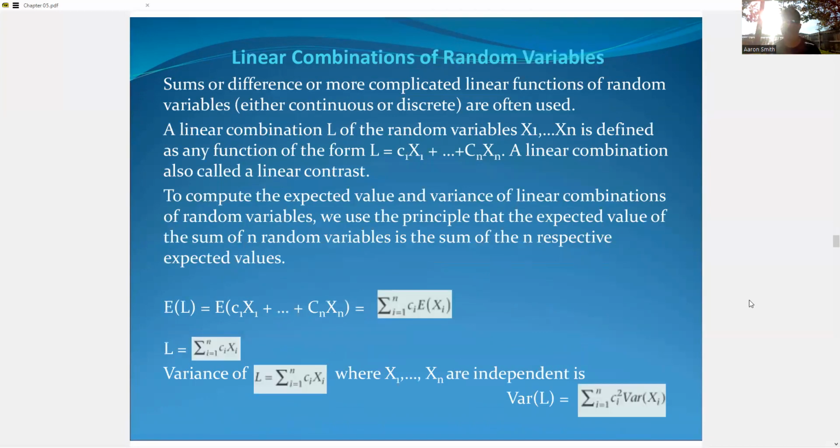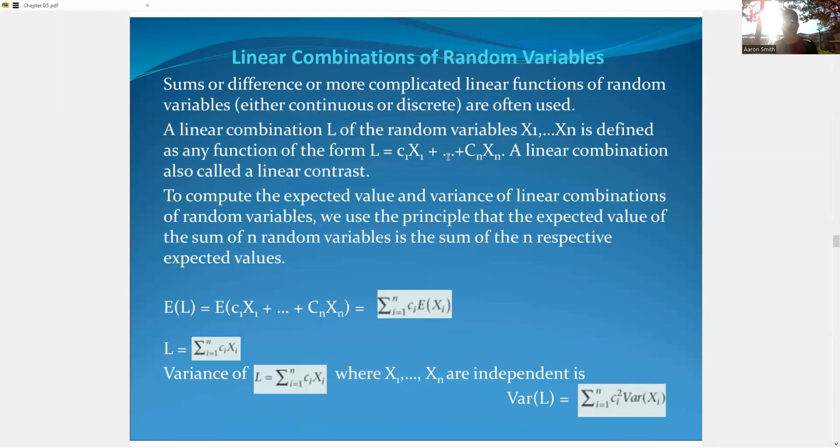All right, so linear combinations of random variables. If I can represent a variable as a sum and difference of other random variables, then I can usually use the normal distribution. So sums and differences are more complicated linear functions of random variables. Multiple random variables are being used, and these come up a lot.